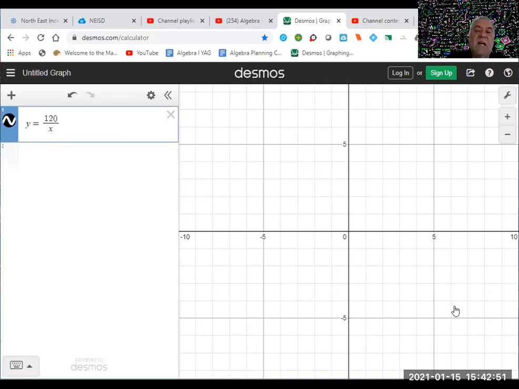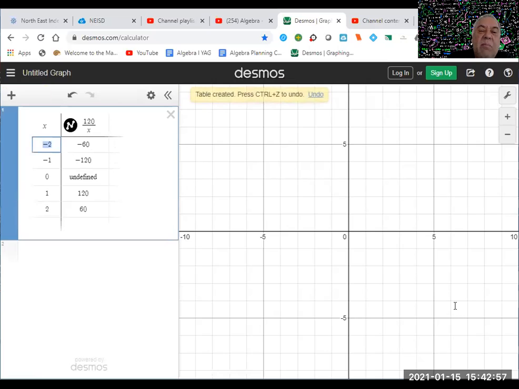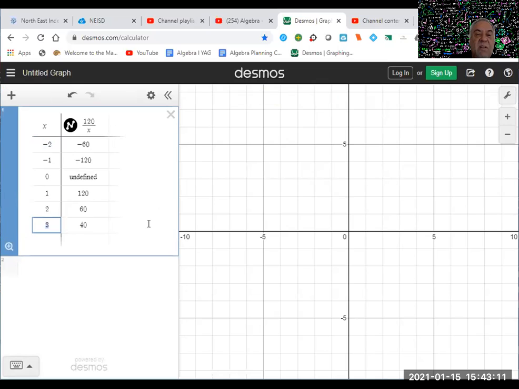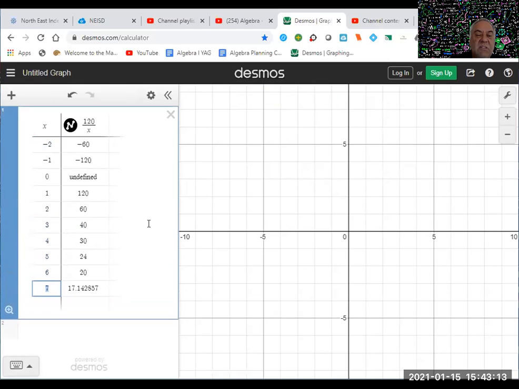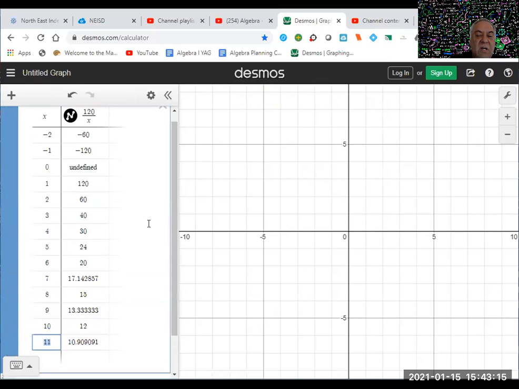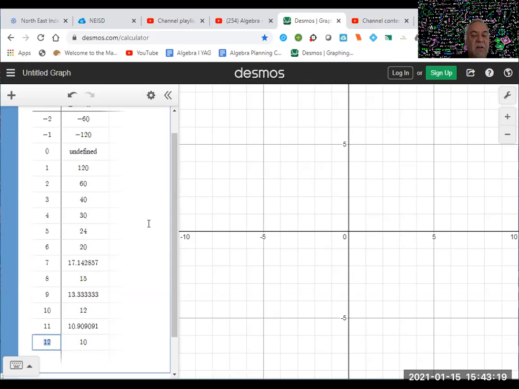Once I do that, if I click on this little wheel right here and make a table out of it, it starts giving me the factors. But it only gives me plus and minus 2. So if I click on the bottom one there, the 2, then just keep hitting the enter button, it starts listing all the factors. We've got 10 by 12 down here and 12 by 10.